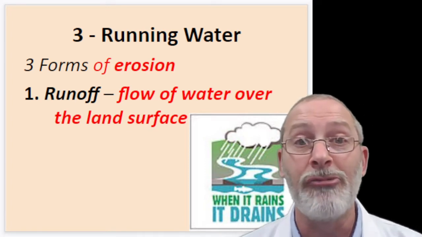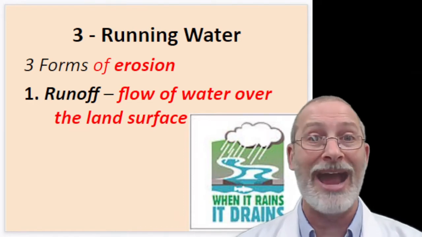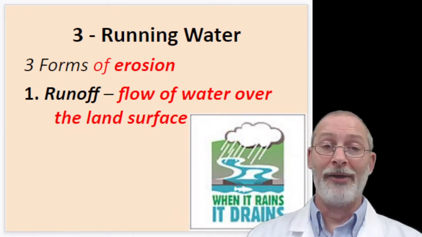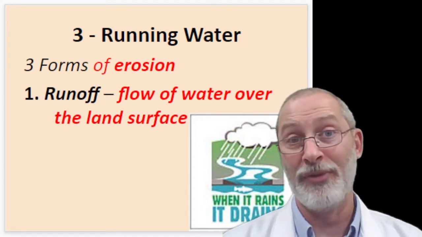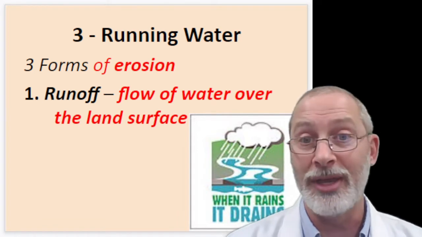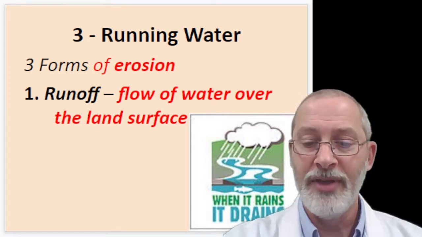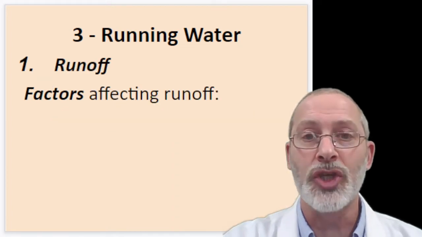I'm sure you've seen runoff right in your own yard. Runoff is what carries debris from one end of your yard to the other. If your yard is on any type of hill, it could even be flowing down your driveway if your driveway is a hill. But runoff is the flow of water over the land surface.